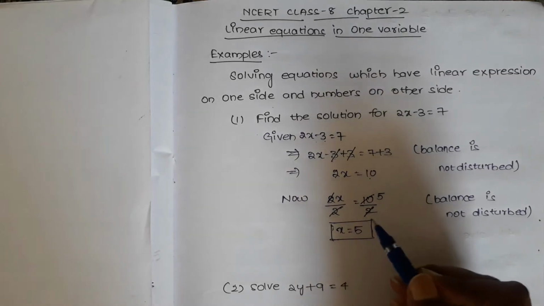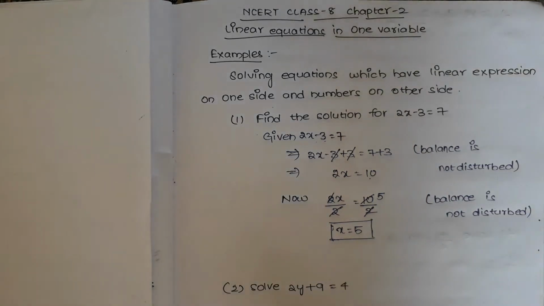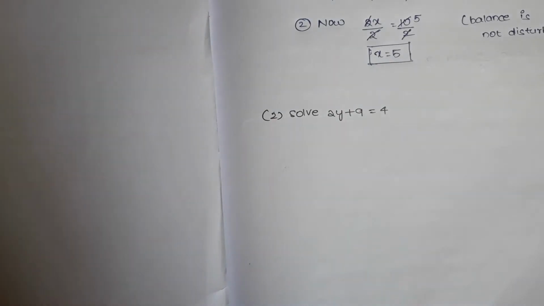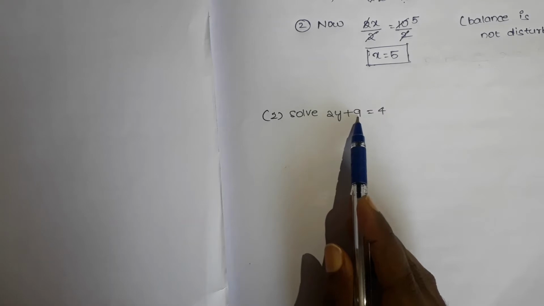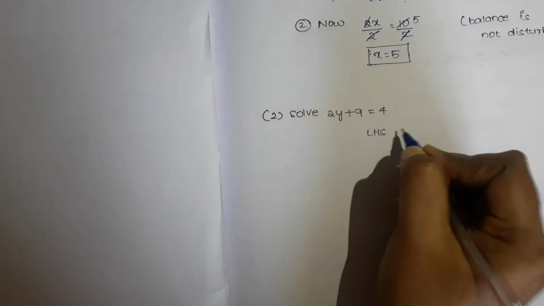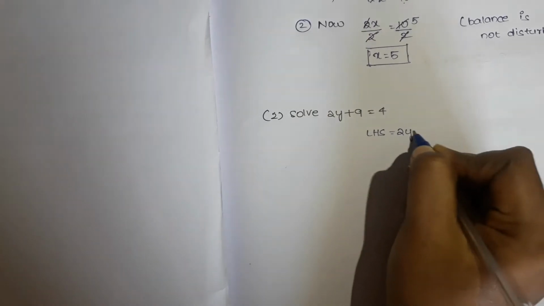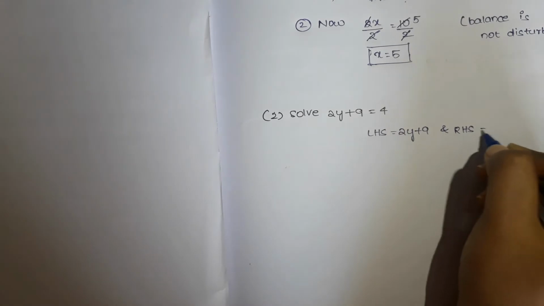In this problem we have solved the equation in 2 steps. Now let us see the next problem. Now let us see the second question, that is 2y plus 9 equals 4. They have given LHS equals 2y plus 9 and RHS equals 4.